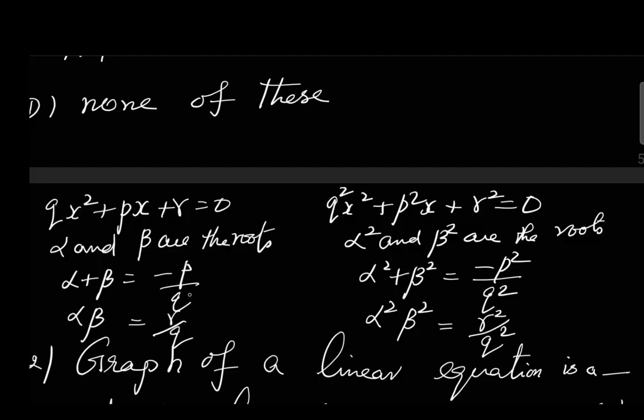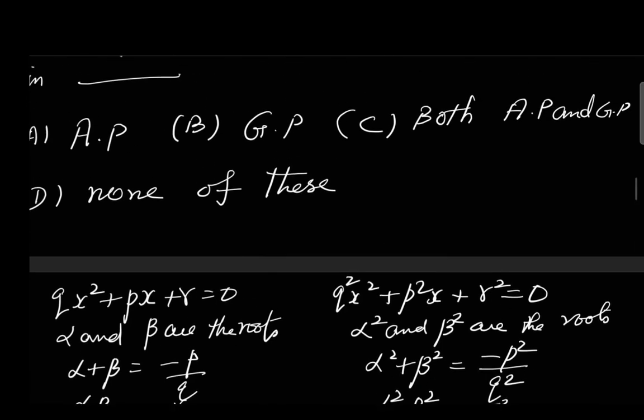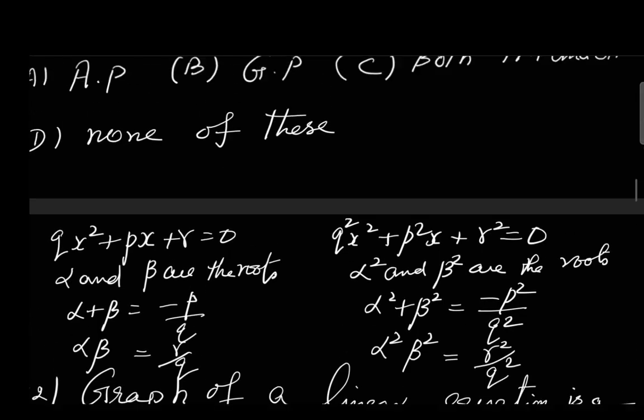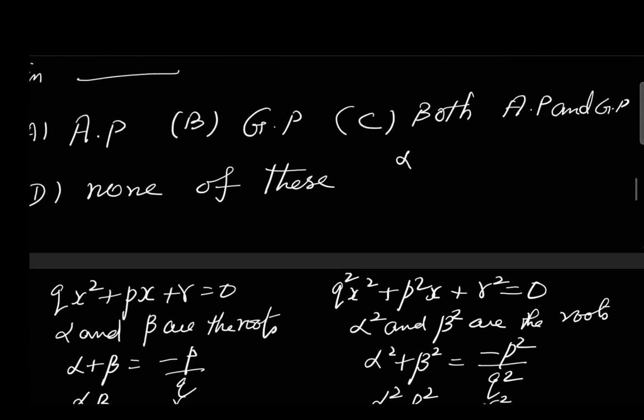Here it's given alpha plus beta is minus p by q. Alpha square plus beta squared is minus p square by q squared. Let me take this term alpha squared plus beta squared is equal to minus p square by q square. This can be replaced as a plus b the whole square minus 2ab.